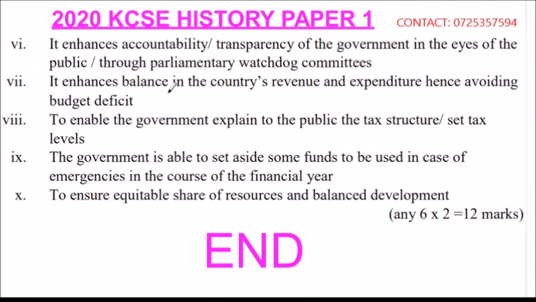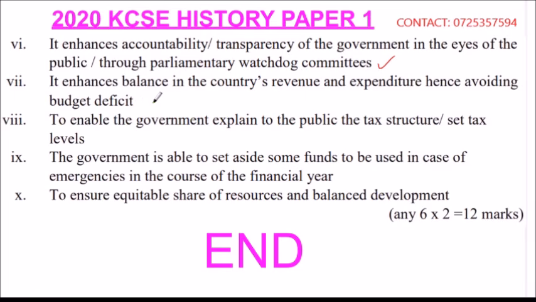Number 6, it enhances accountability and transparency of the government in the eyes of the public through the parliamentary watchdog committee. So the parliamentary watchdog committee follows how the government is spending and how the budgeted finances are being handled.